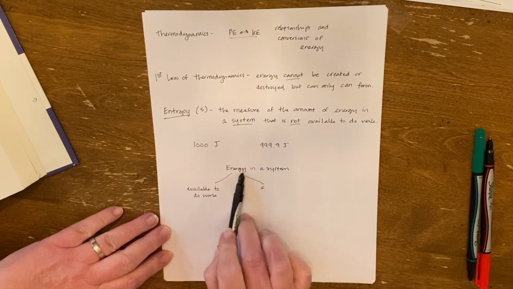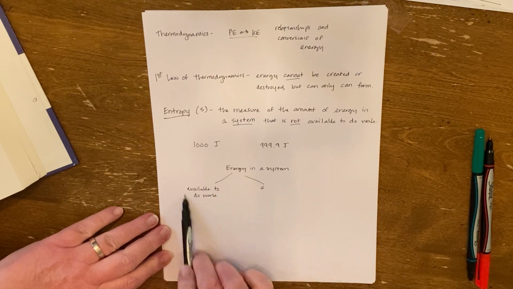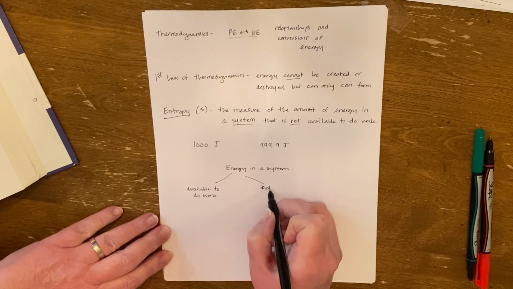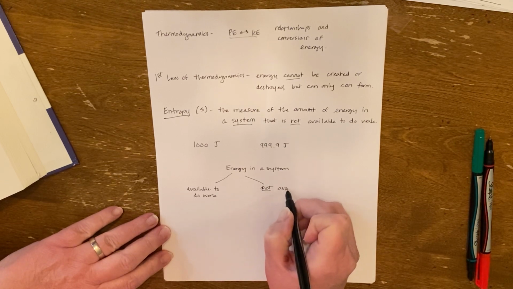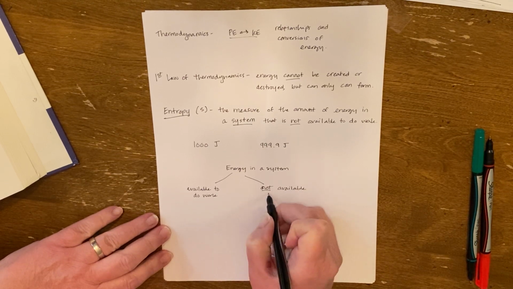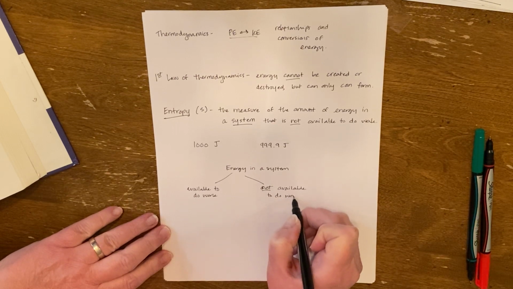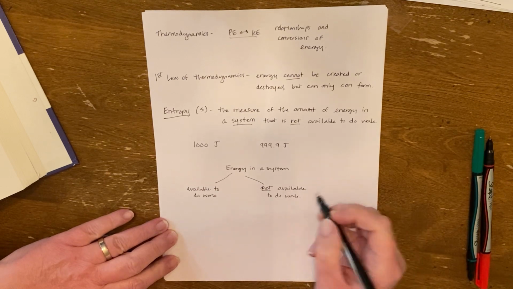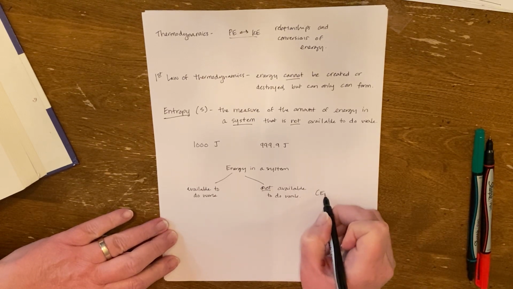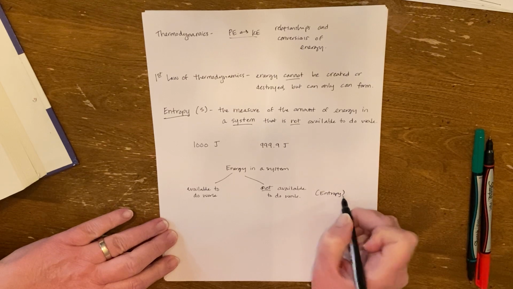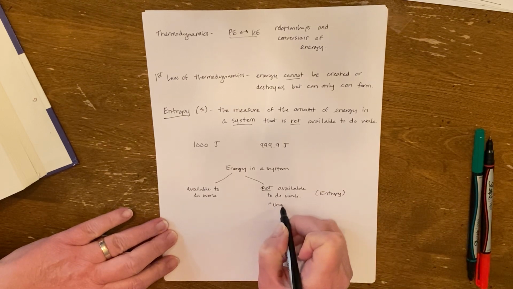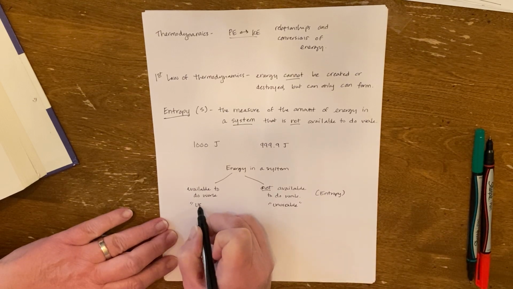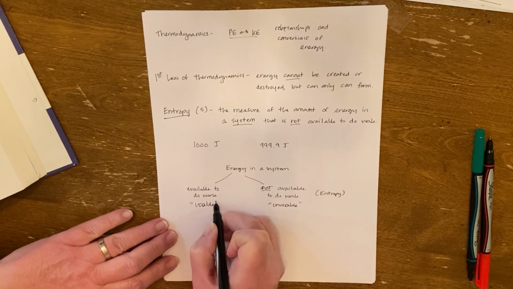Most of the energy is available to do work, but then you're going to have some portion that's not available to do work. This portion that's not available is the entropy. This is kind of unusable energy, and over here, this is usable energy.